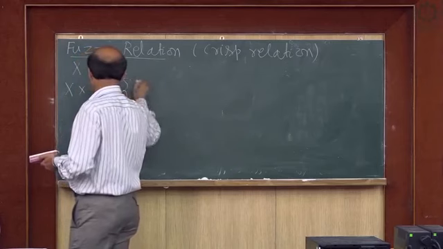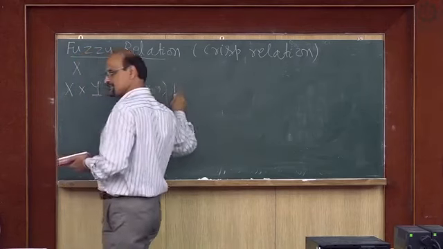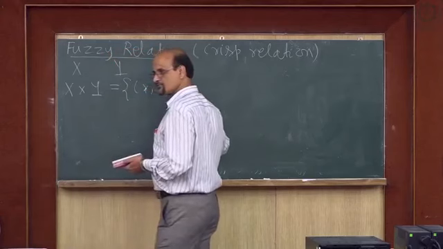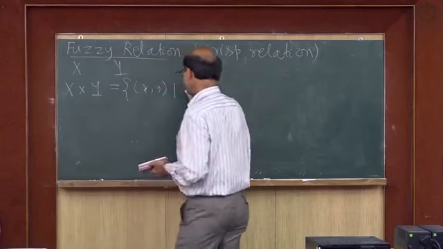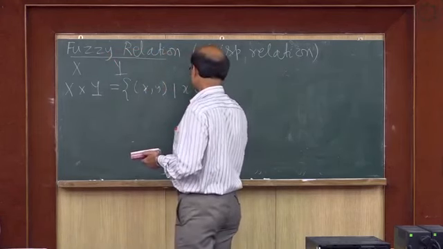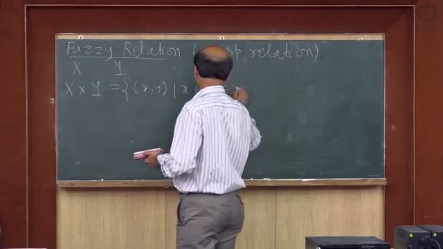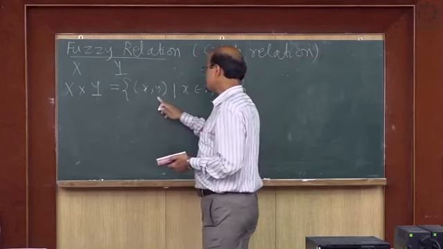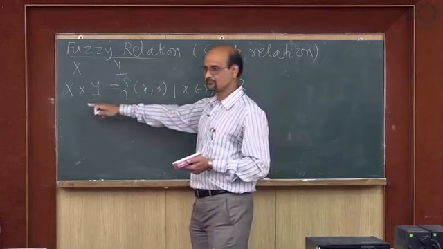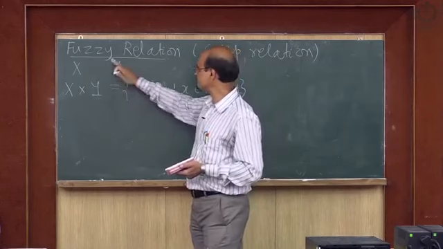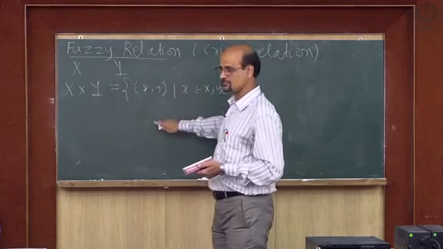And we define it like this: (x, y) such that x belongs to X and y belongs to Y, or (x, y) belongs to X cross Y. Okay, this is the definition of a crisp relation.